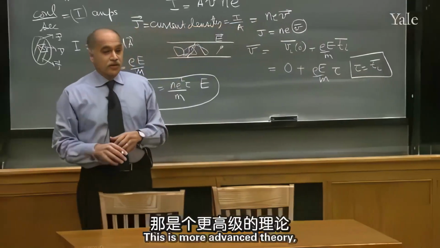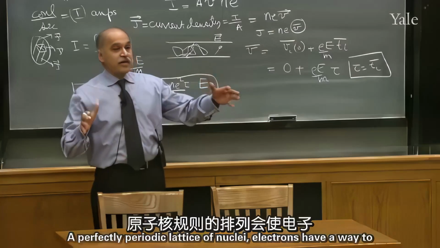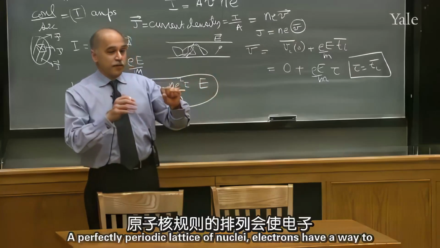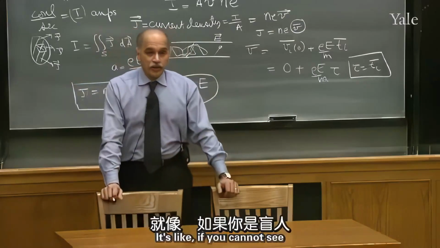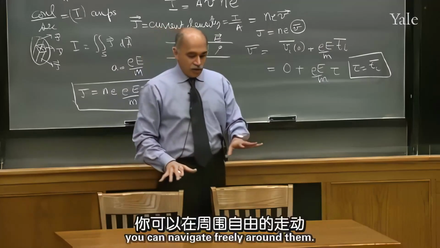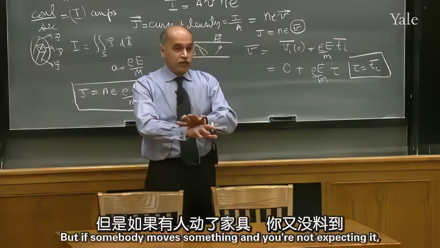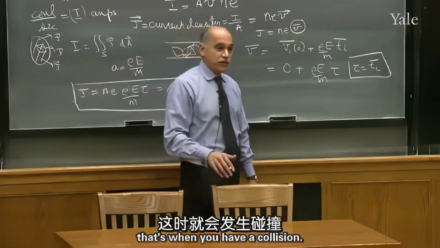This is more advanced theory when you try to find the conductivity of materials. With a perfectly periodic lattice of nuclei, electrons have a way to travel through them without ever colliding. It's like if you cannot see and the furniture is all in a certain place, you can navigate freely around them. But if somebody moves something, then you're not expecting it, and that's when you have a collision.